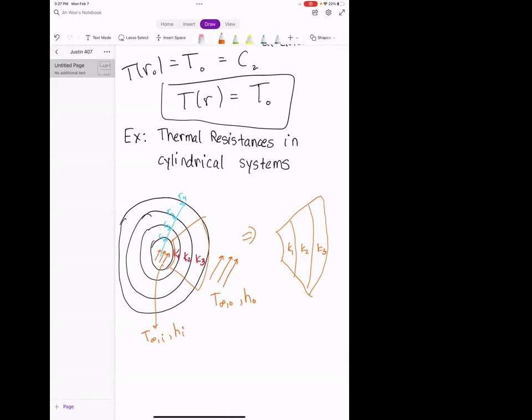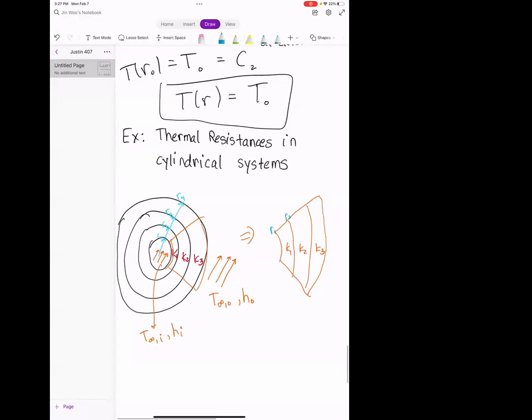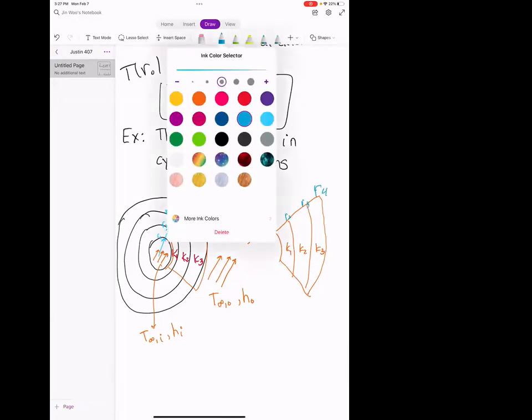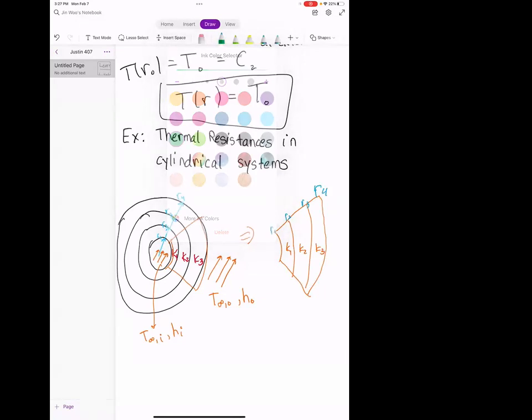We have our radii, r1, r2, r3, r4. And then we have our fluids flowing. On the inside, we have T infinity,i and h_i, and on the outside, we have T infinity,o and h_o. So the figure on the right is just another representation of what we have on the left.